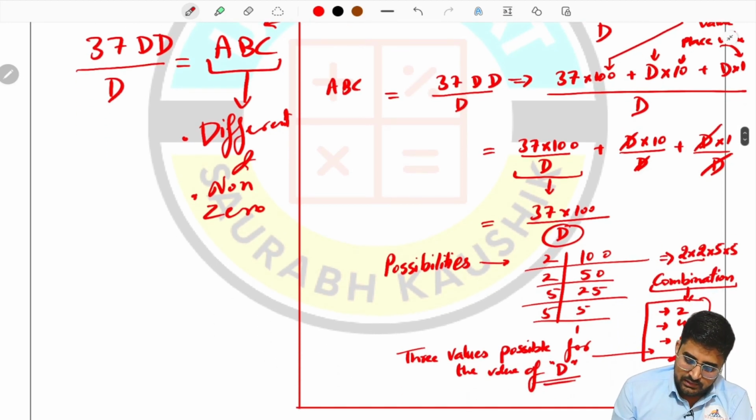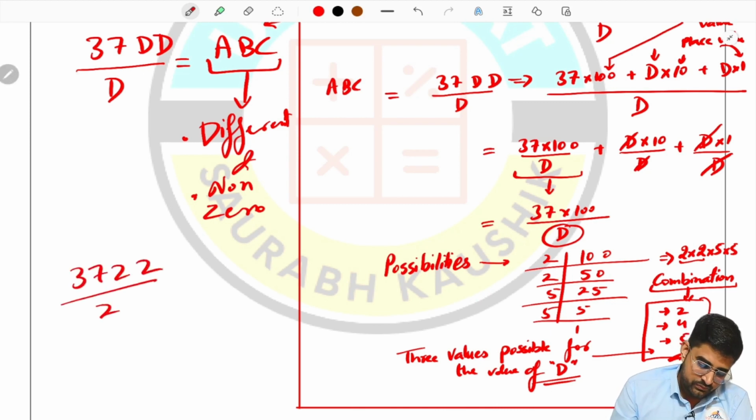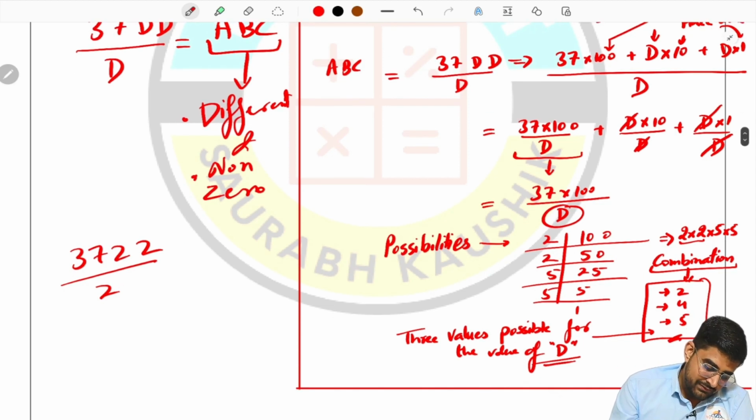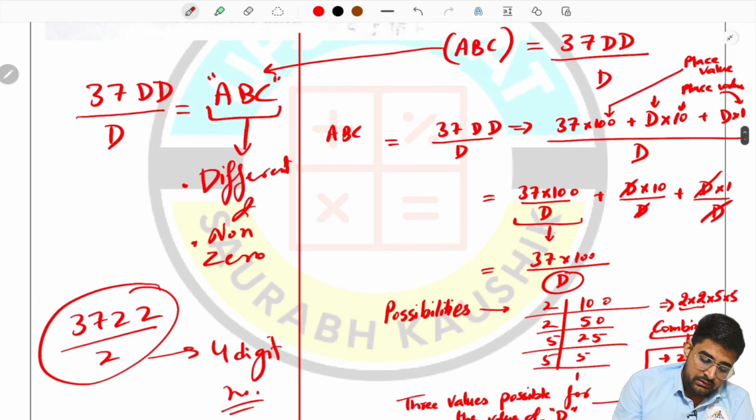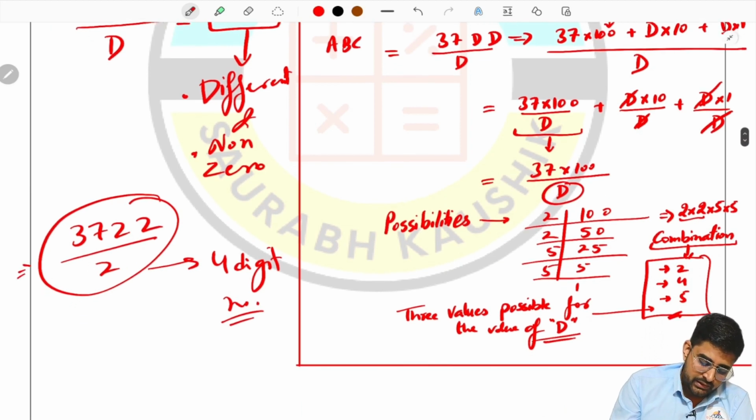Okay, let's place the value of 2: 3722 divided by 2. It will give you a 4-digit number, which is not possible because we need a 3-digit number. But anyway, we will solve this.